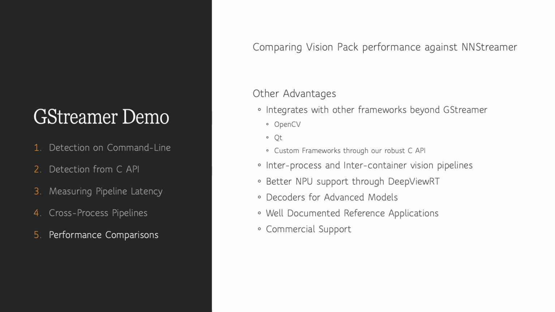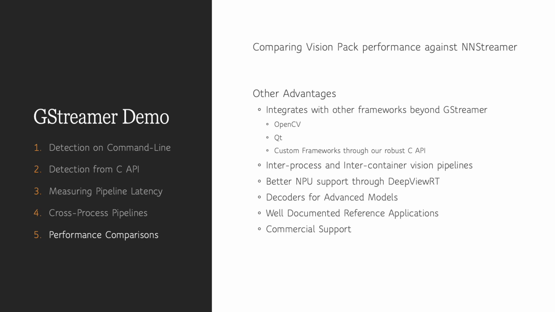Now, to compare VisionPack performance against another similar framework, as far as GStreamer is concerned, NNStreamer. It's important to keep in mind other advantages are integration into other frameworks. It's not limited to GStreamer, even though that's a popular framework.